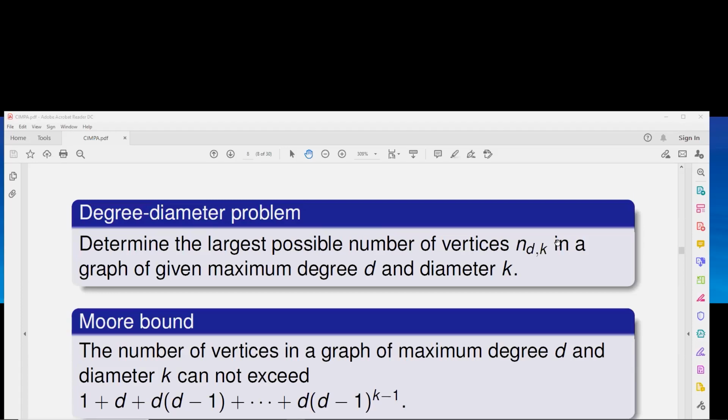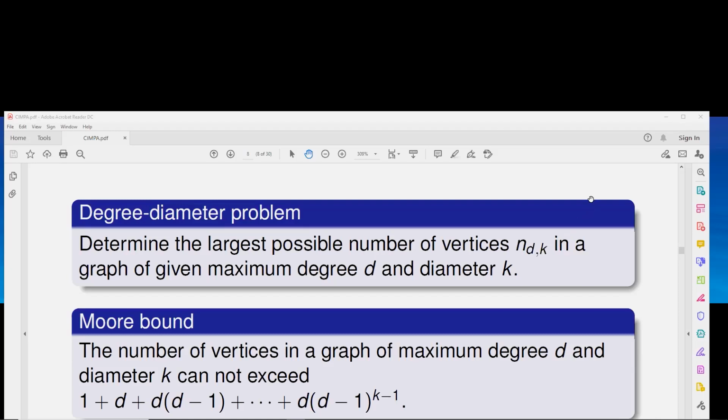Now, obviously, it's difficult to study the problem in general. So how do we study the problem? Often we fix one parameter, or if we really want to focus on finding some very specific value, you can fix both. Let's say you fix D to be 7 and K to be 9.